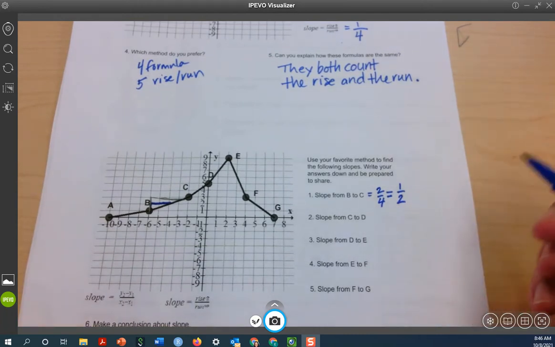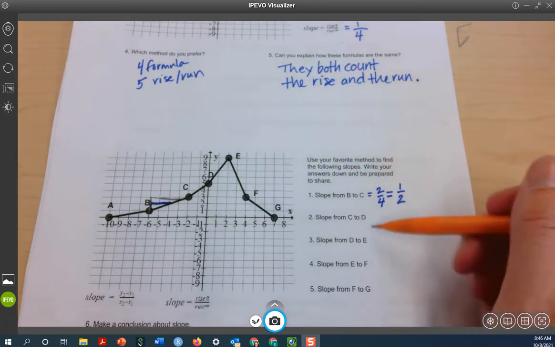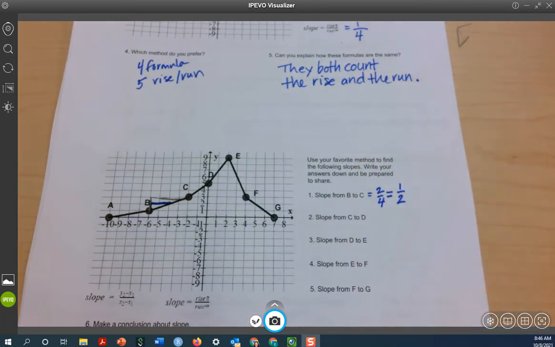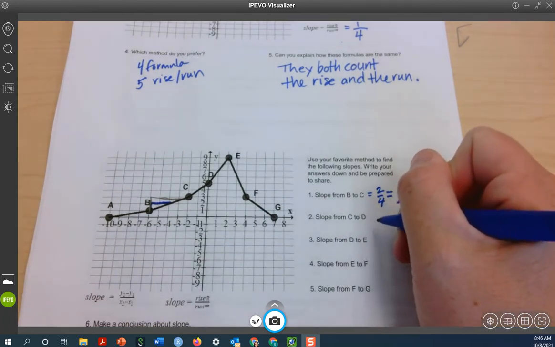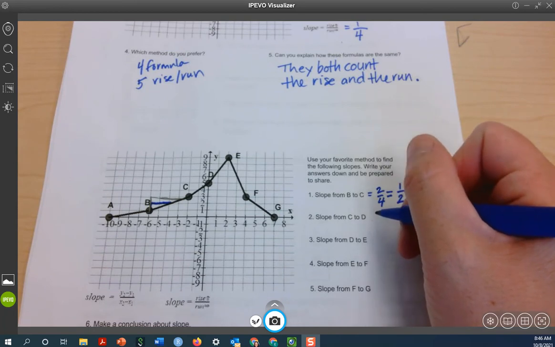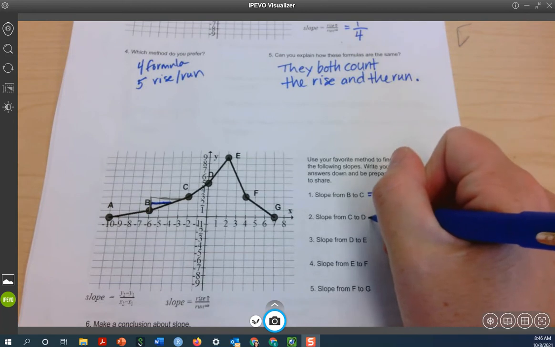Let's look at C to D. Lisa, did you get CD? What'd you get? 2/2. Anybody else get 2/2 for number 2? That's a lot of 2's, right? I think some of you did get 2/2. You might have just done another step after that, right? Yeah, so 2/2 looks good.